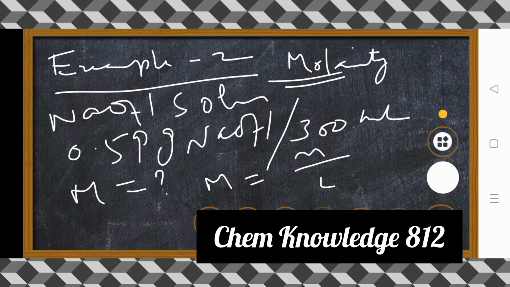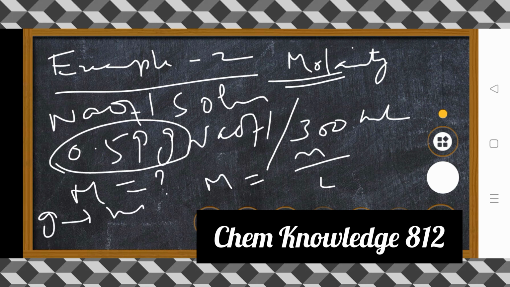Here we have 0.59 gram of NaOH, and we will convert this gram first into mole and then ml into liter. When we get these two values, mole and liter, we can simply calculate the molarity of the solution.